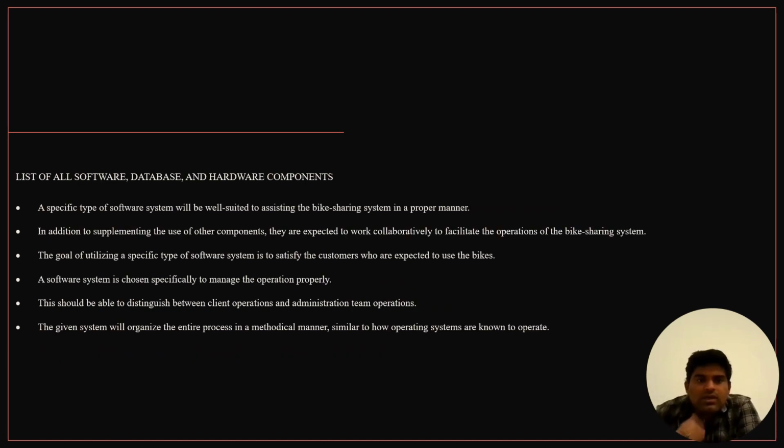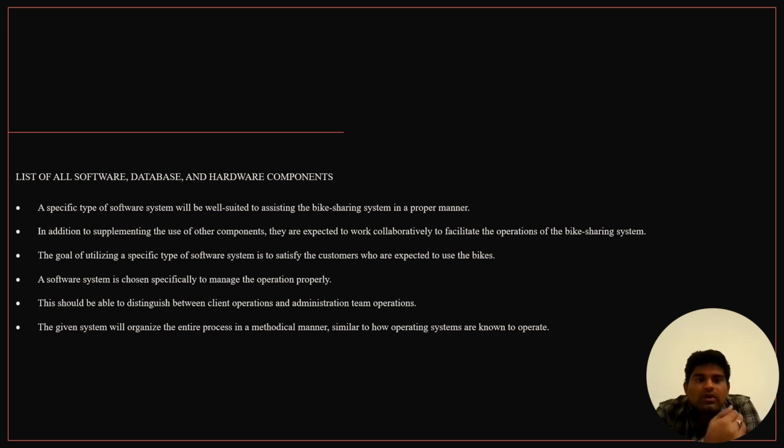What is the list of software, database, and hardware components? A specific type of software system will be well suited to assist the bike sharing system in a proper manner. In addition to supplementing the use of other components, they are expected to work collaboratively to facilitate the operation of the bike sharing system.